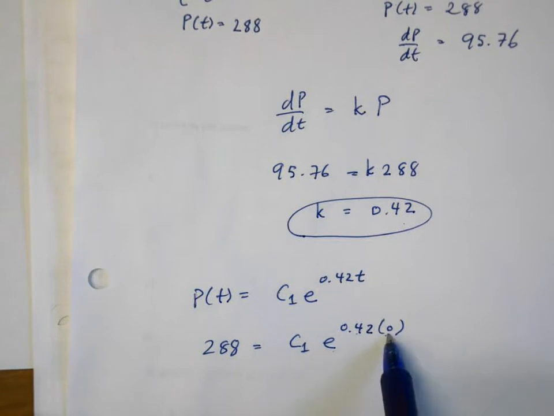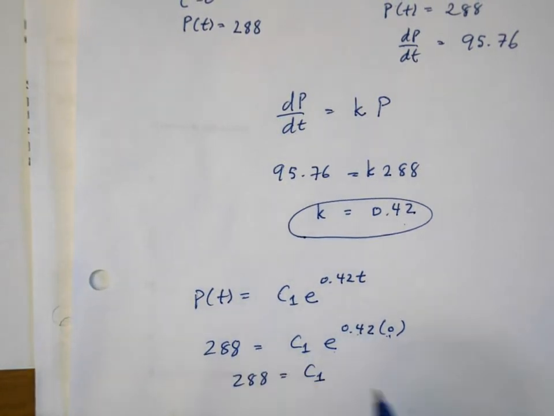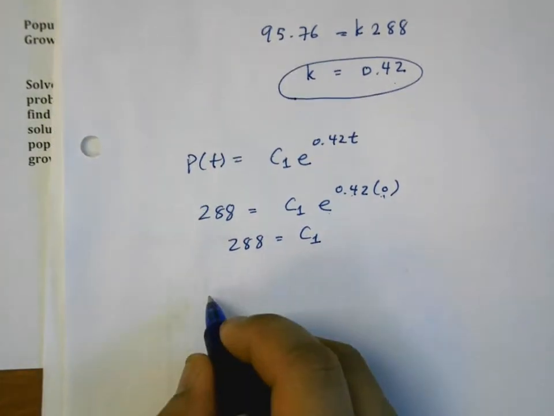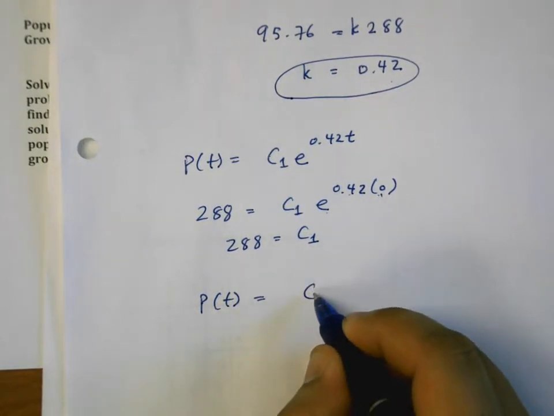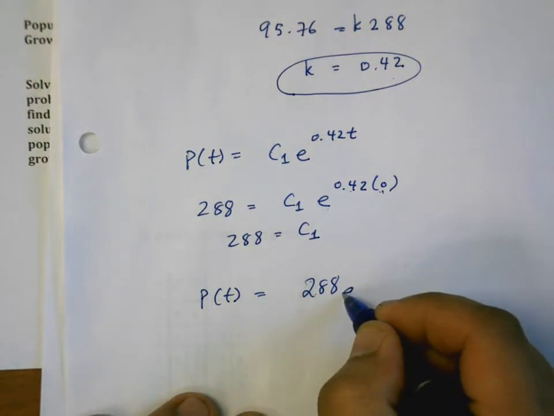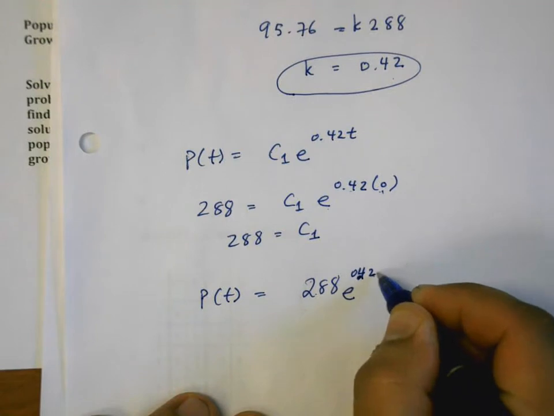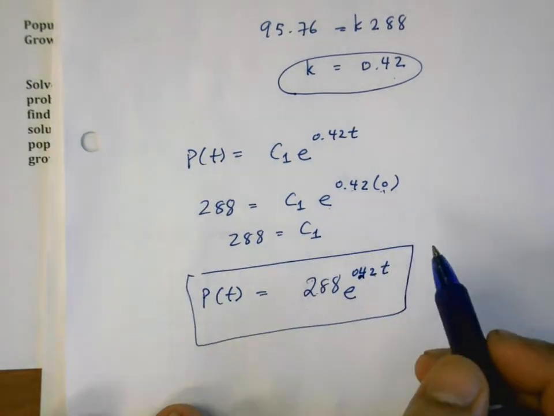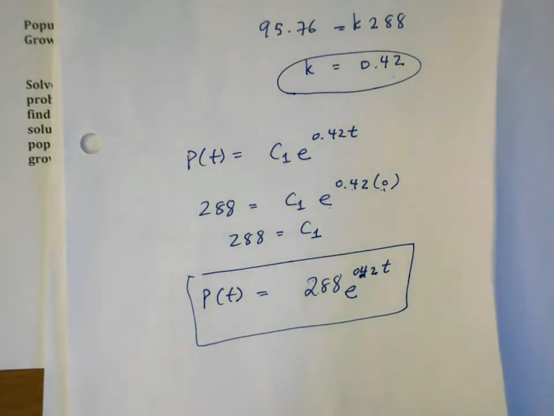This part here is 0, and e to the 0 is 1. So 288 is equal to C1. So finally, our complete answer is that P of t is equal to 288 times e to the 0.42t.